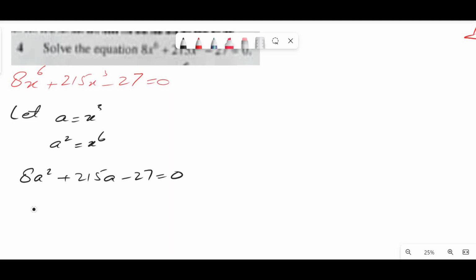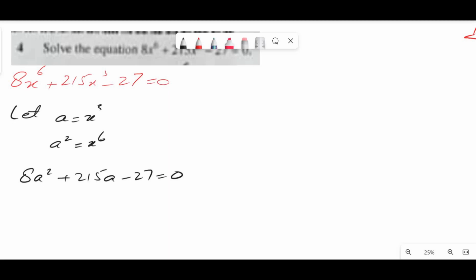Now we can factorize it. How can we factorize it? There are two ways to solve it from here. The first one is we can directly factorize it, and the other is we can use the calculator, but we have to show our working.